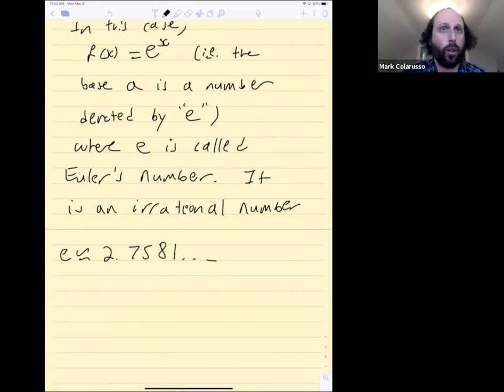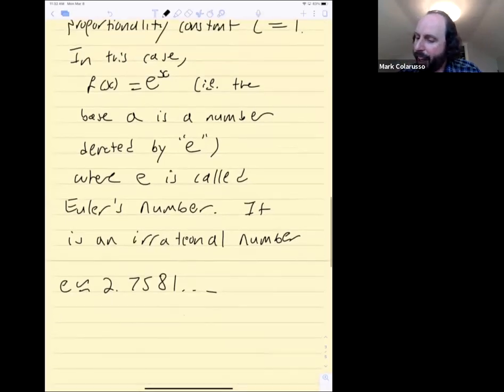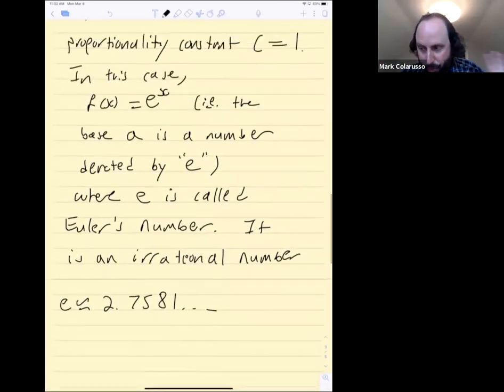Okay, a non-terminating decimal, an irrational number, almost 3, but not quite. So it's like 2 3/4-ish, roughly. Okay, and so it's just a really weird number. You see the plot on your calculator.